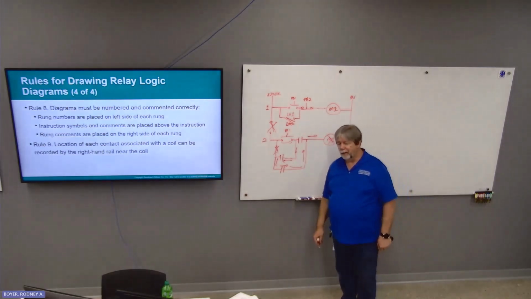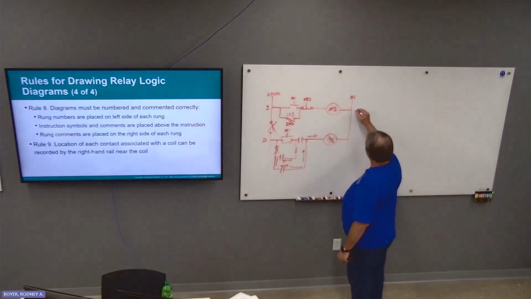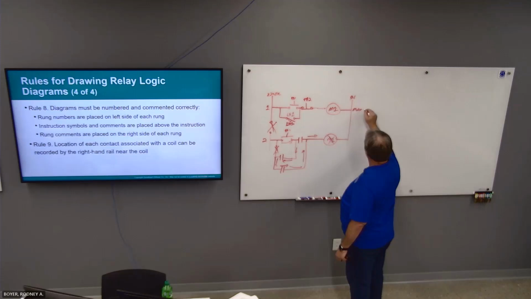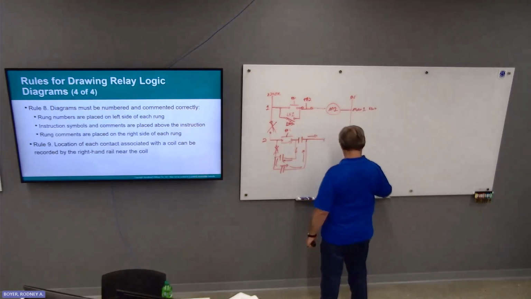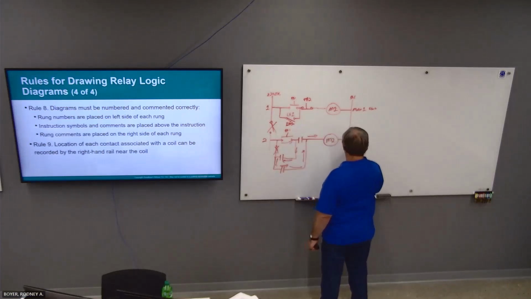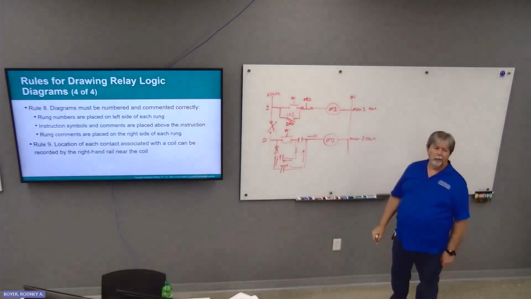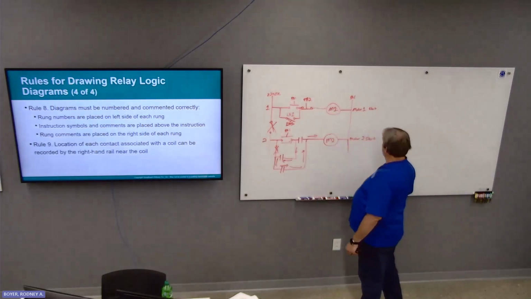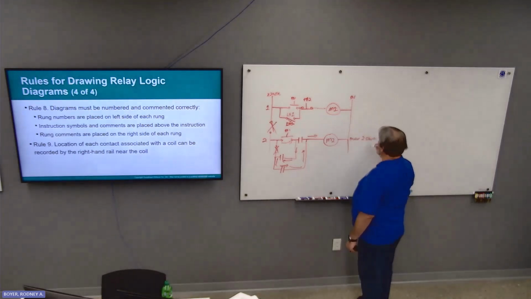Rung comments are placed on the right-hand side of each rung. So if this is motor one, start, let's fix this. Motor two, you know, you always want your descriptor to be something meaningful.